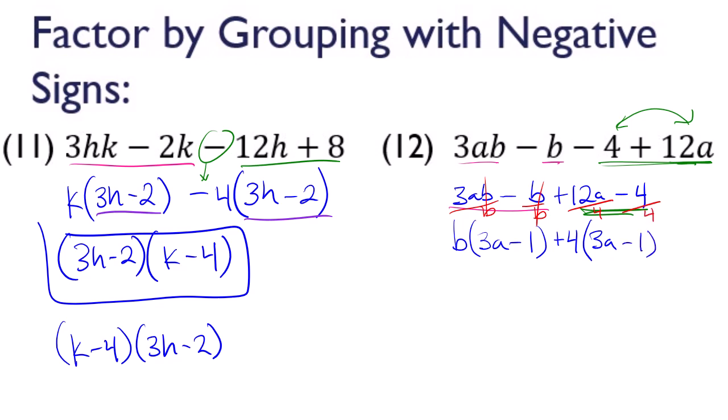Remember, you can use this as a hint as to what this is going to be, right? Hopefully these become pretty predictable to where you can figure out where this is headed. So we get 3a minus 1 in the front, and then our leftovers are b plus 4. So I'm going to put those back inside here, and that's it.